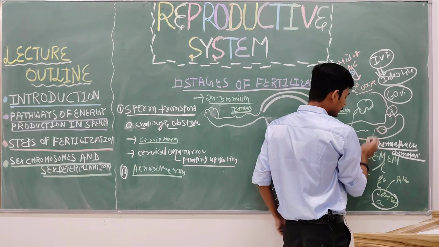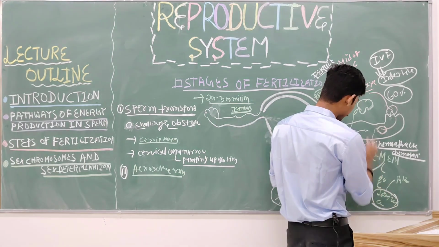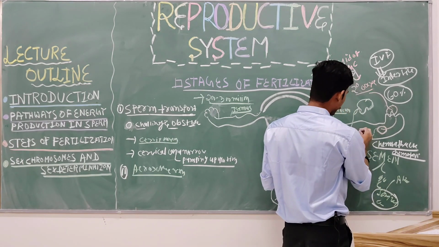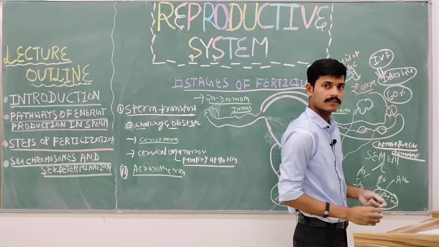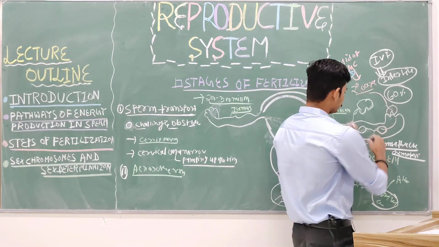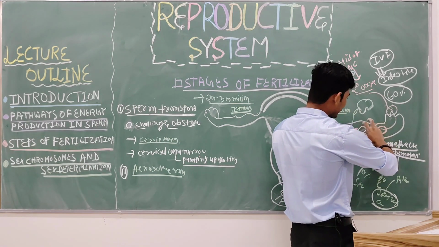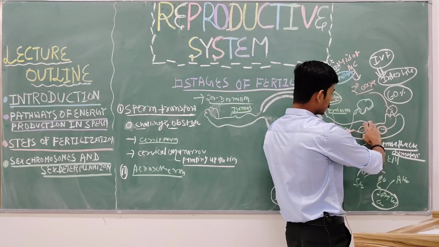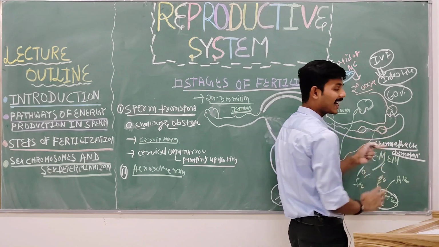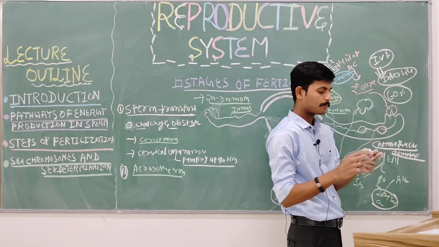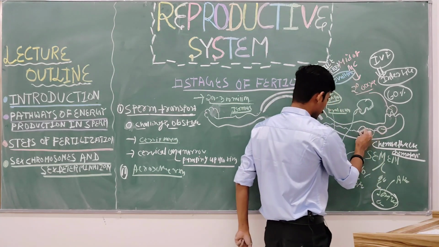As I said, the sperm has a head, and the egg releases certain substances which remove the covering, the acrosomal cap, which is present over the head of the sperm. This process is called capacitation.